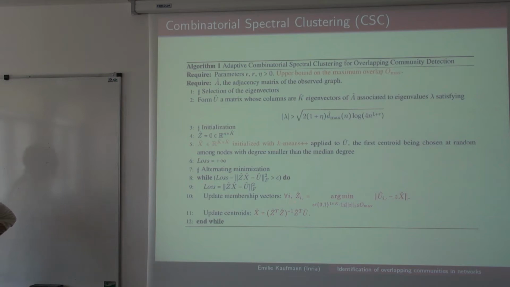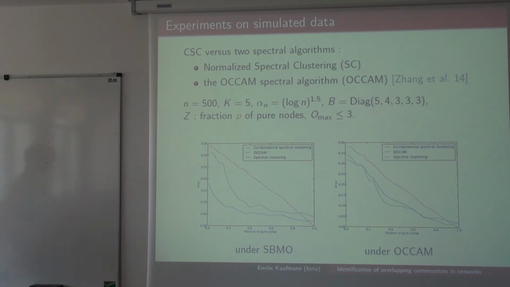In the end we know that the solution will have one pure node per community, and if it's not invertible, then it has not. So we are anyway in a bad part of the space. So this is the algorithm, and now I show you how it performs on simulated data first. I'm going to compare combinatorial spectral clustering to two other spectral algorithms.